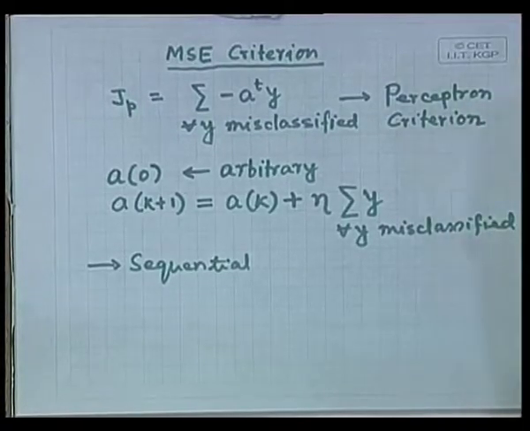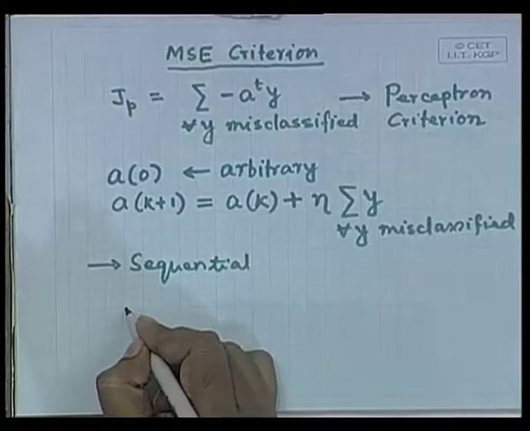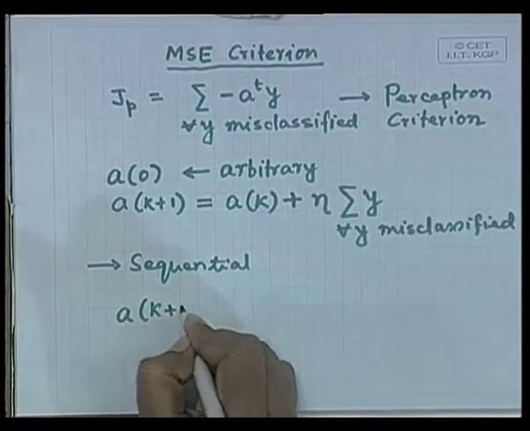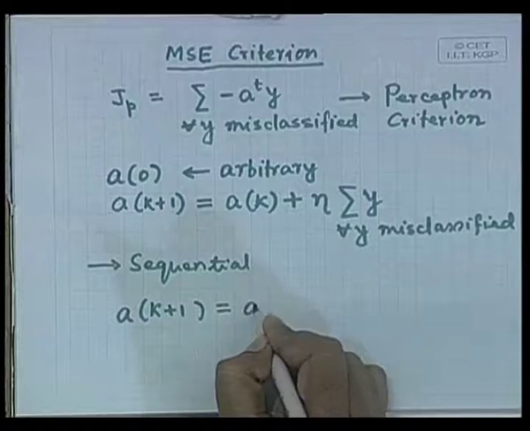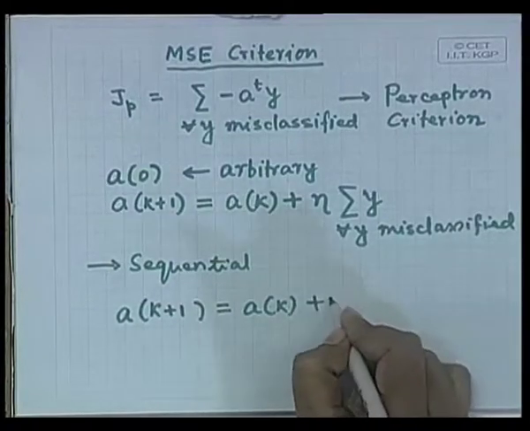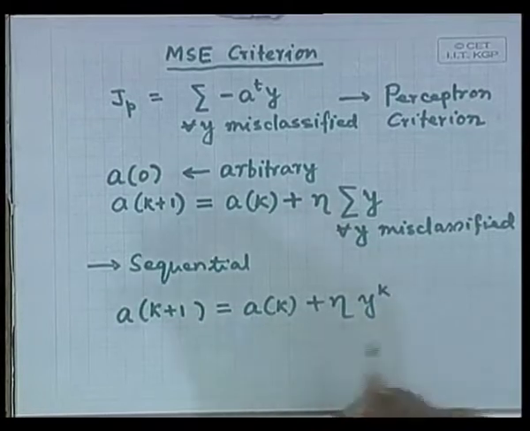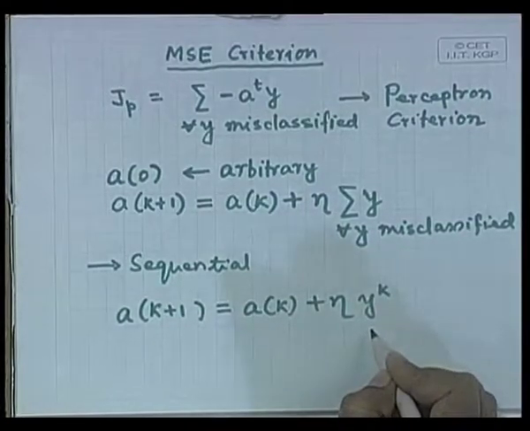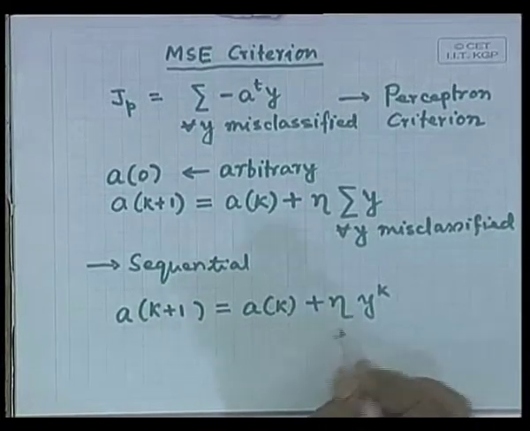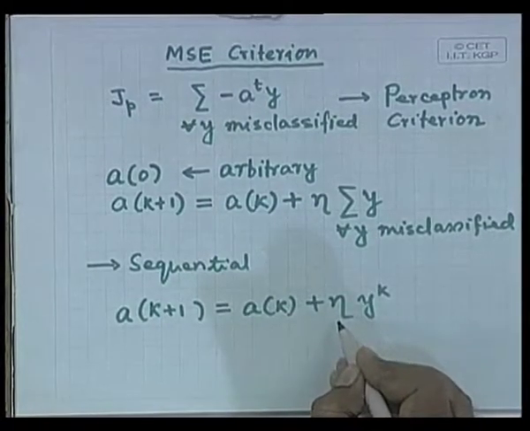Whenever a sample is misclassified, instead of aggregating all the misclassified samples together, immediately you go for updation of the weight vector A. So, our weight updation rule was sample by sample. If the kth sample is misclassified, then immediately you update the weight vector: A k plus 1 will be A k plus eta times y k, where this y k is the sample which is misclassified by the weight vector A k, and eta is the convergence factor.